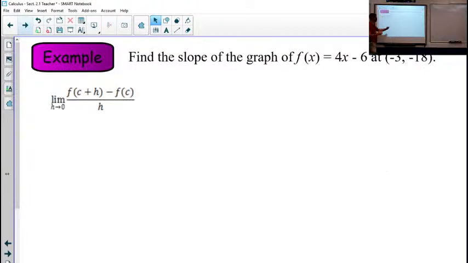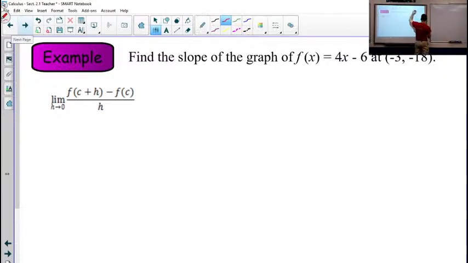Okay. Slope of the graph of f of x equals 4x minus 6. So we're gonna take a basic example, even more basic than the one we were looking at on Monday, and find this limit as h approaches 0, at x equals -3. So -3 is that x coordinate, so we're going to use that for c.